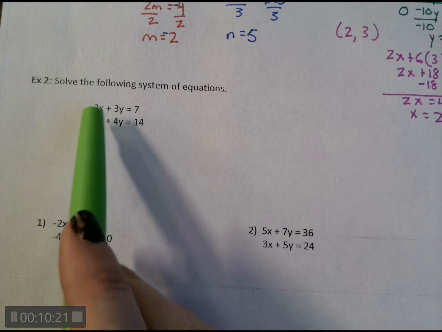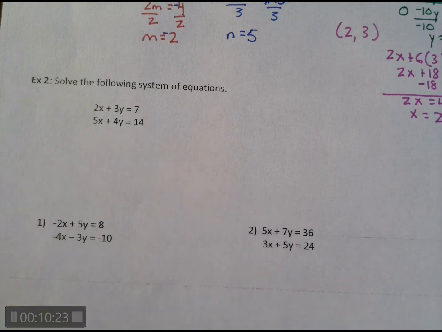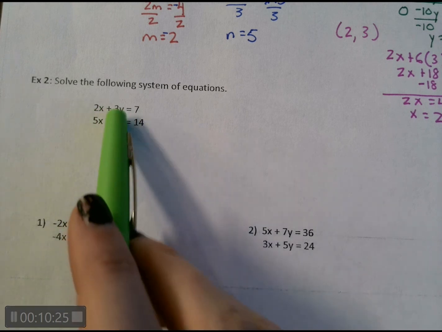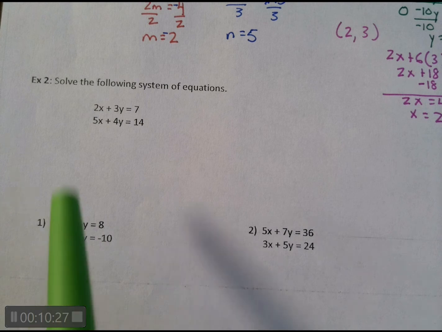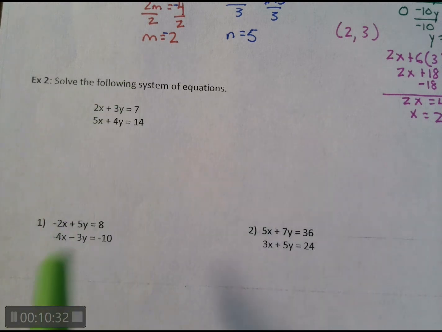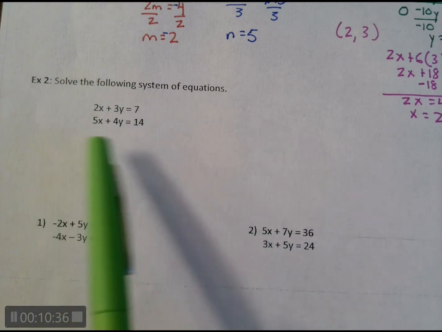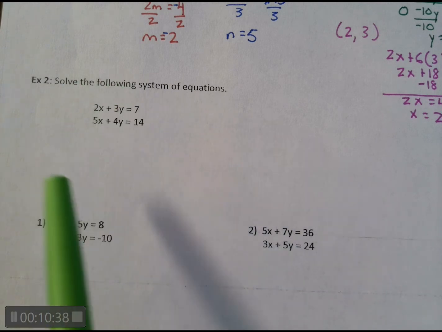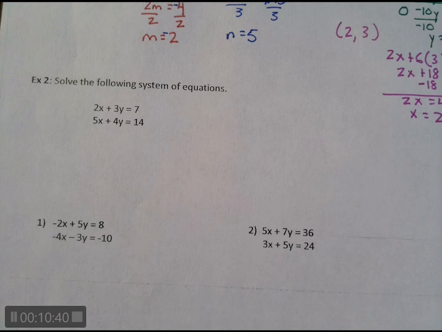Now, is there anything that I can multiply by 2 to get me 5? No. What about 3 to get me 4? Nope. Can I multiply anything by 5 to get me 2 or 4 to get me 3? No. So when we can't only multiply one equation, this means we have to multiply both equations.